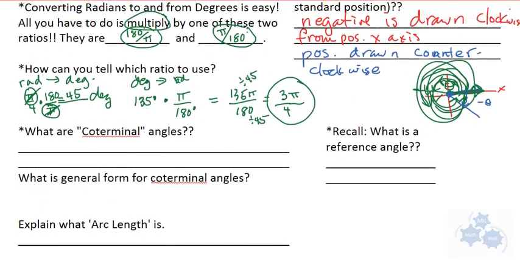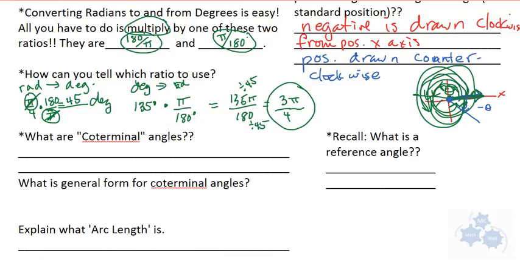All right, what are coterminal angles, anyone? What did you write down for coterminal? Okay, you're doing it first. Okay, the angle is greater than 360, so you can see how many times it rotates.